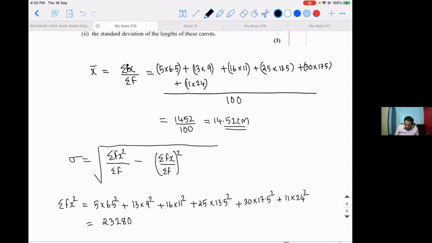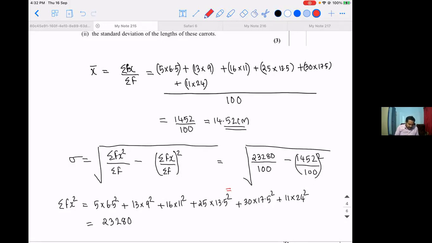Then you substitute these values in the general equation. So 23280 divided by 100 minus sigma fx, that is 1452 divided by 100, whole square, and you will get the answer.